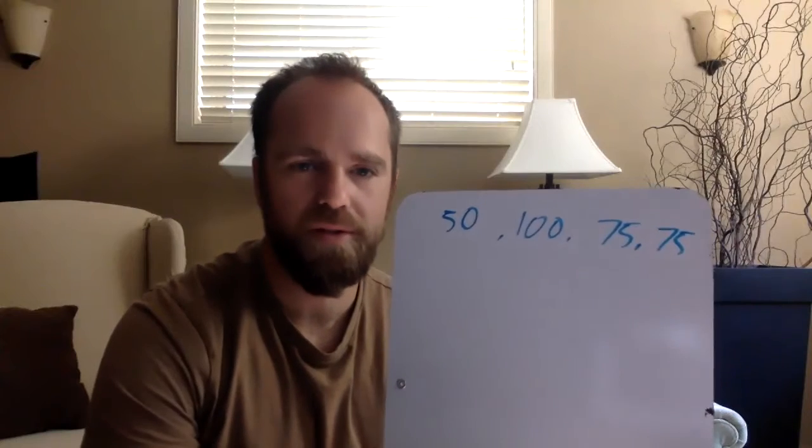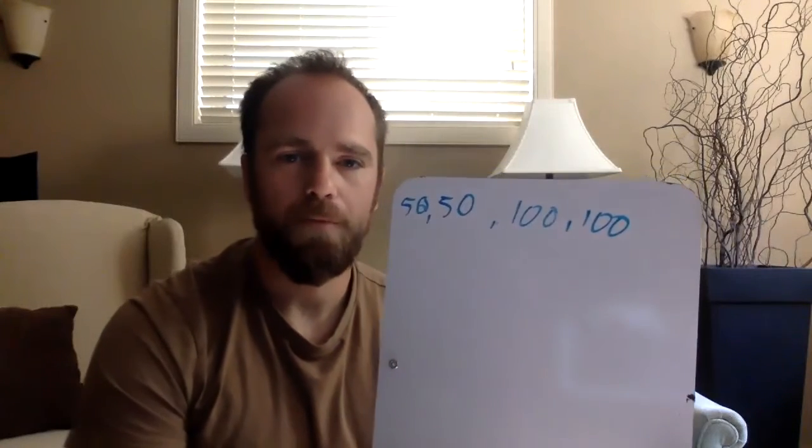There was a student that got 75. There was another student that got 75. So let's just talk about these 4 results. Actually, let's change it up a little bit. Let's say 2 students got 50% and 2 students got 100%.